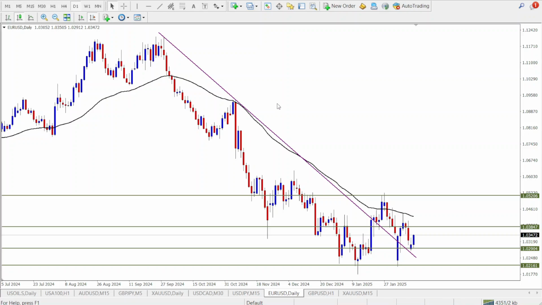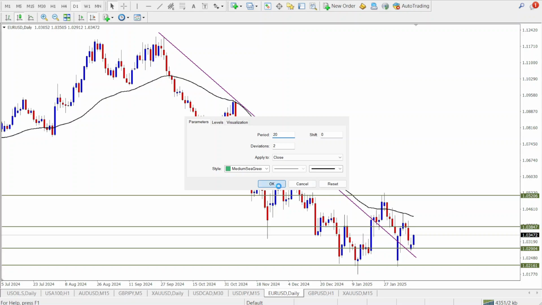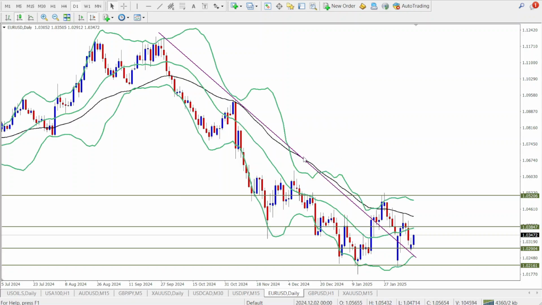These are some of the indicators that you can use to spot dynamic support and resistance zones. You can draw your trend lines manually, or you can use moving averages, which automatically plot the dynamic levels for you, or you can make use of Bollinger Bands. Both types, the horizontal and the dynamic, can be used together for even stronger trade setups.